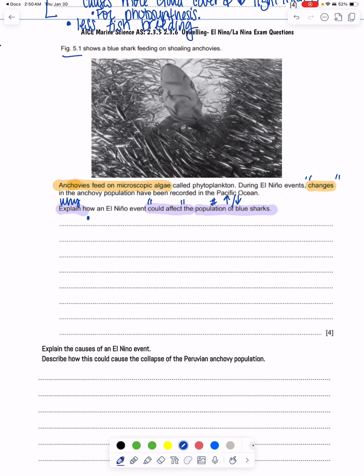So if there's a decrease in the anchovy population, we're going to have a decrease in the population of the blue sharks. And obviously we're not going to put arrows either on your actual exam. So this is how the population will change, and the rest is going to be the why.